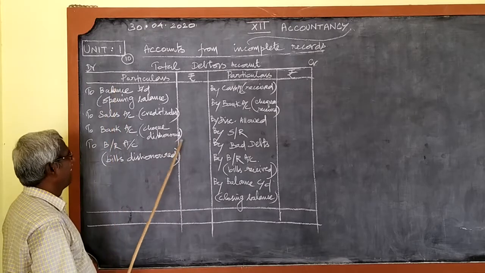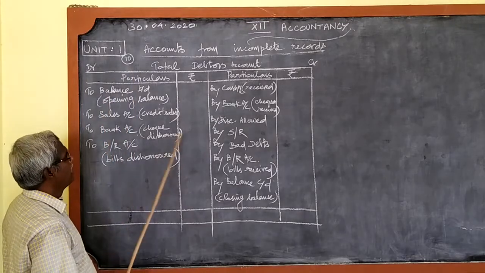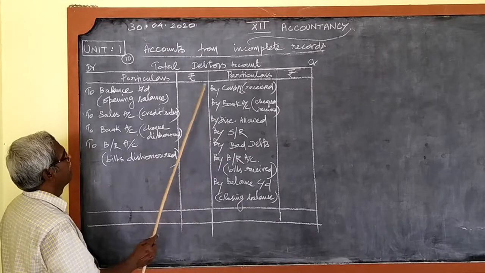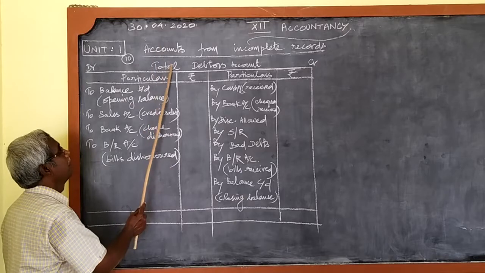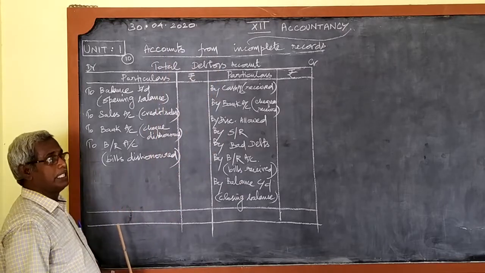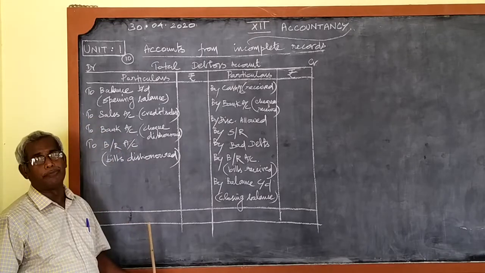There are 11 items. This is the debit side, 4, and the credit side, 7. So there are totally 11 items given under this total debtors account format.